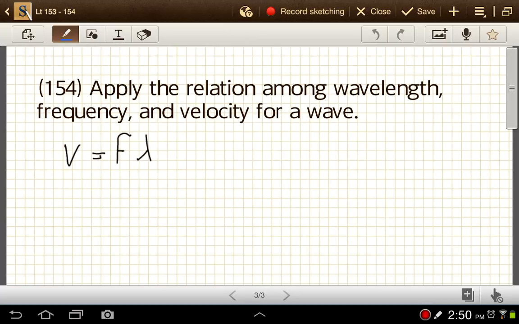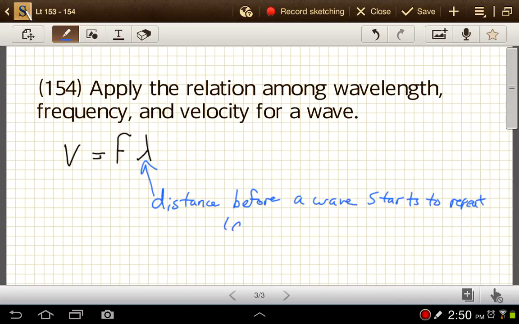Anyway, our wavelength, this is the distance, not the time, but the distance, horizontal distance in the case of these water waves, the distance before a wave starts to repeat. And that'll be in meters.